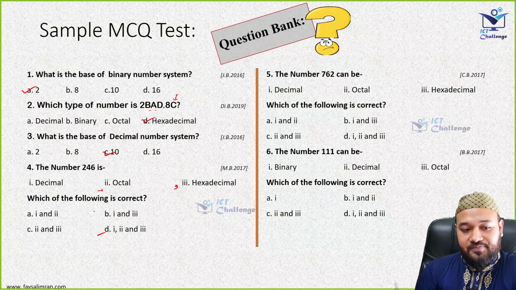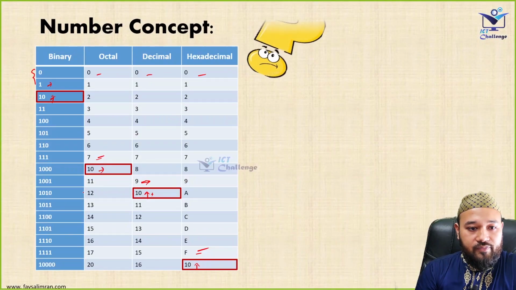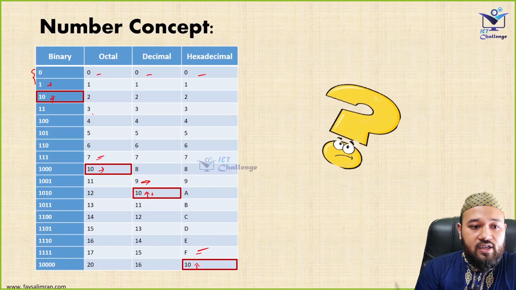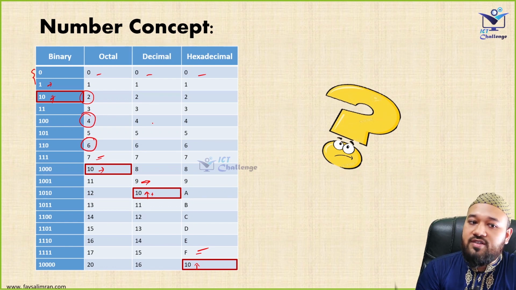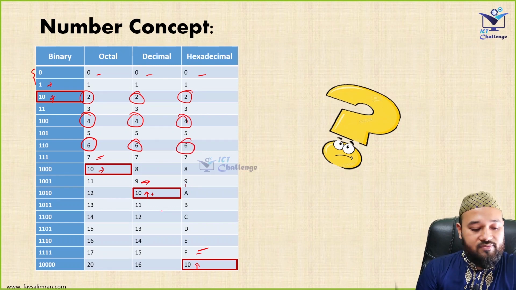Why? For 246, the digits 2, 4, 6 are available in the octal system, in the decimal system, and also in the hexadecimal system.